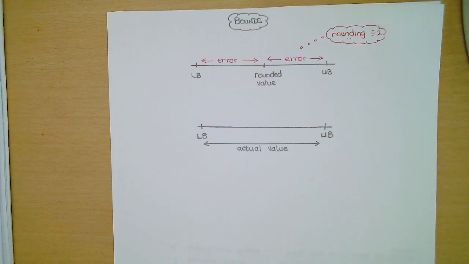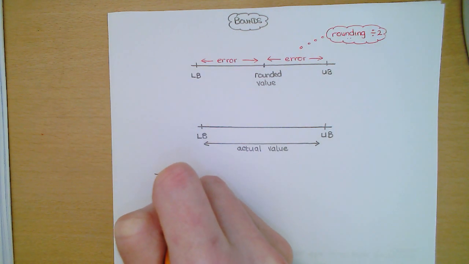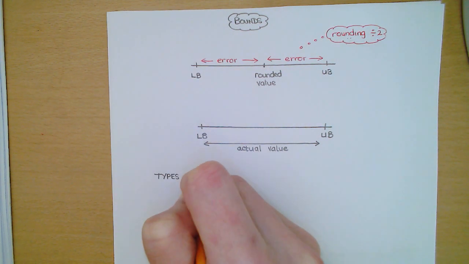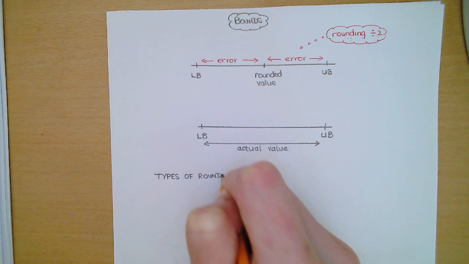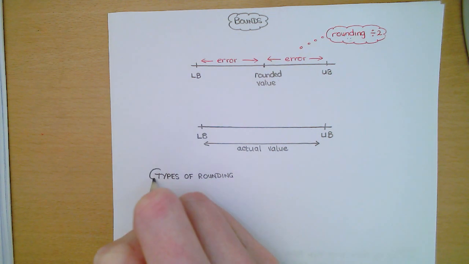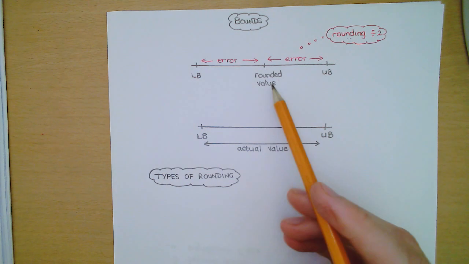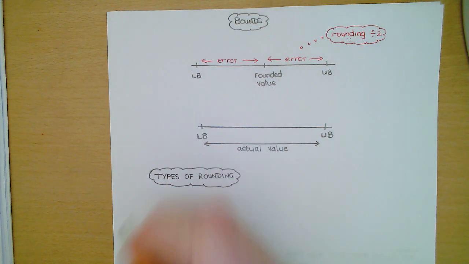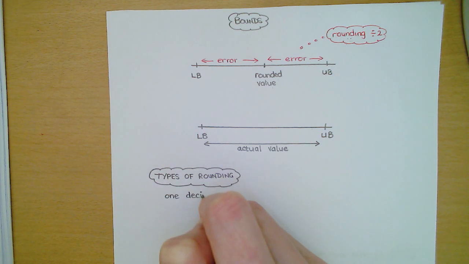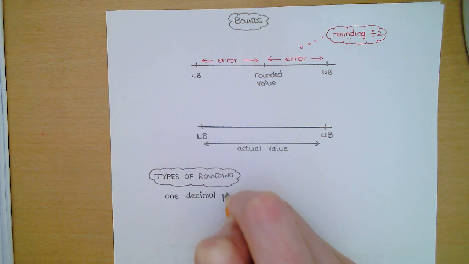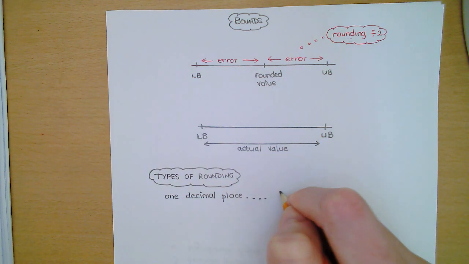Okay, we're going to discuss types of rounding. We mentioned rounding up here. So there's various types of rounding, and it's important that we have an understanding of what these mean. First of all, if the rounded value is rounded to 1 decimal place, this just simply means to the nearest 1/10.